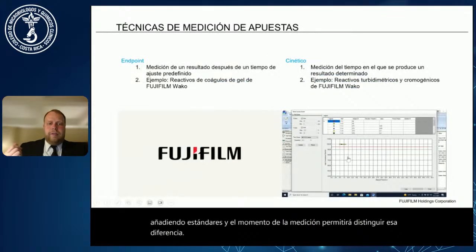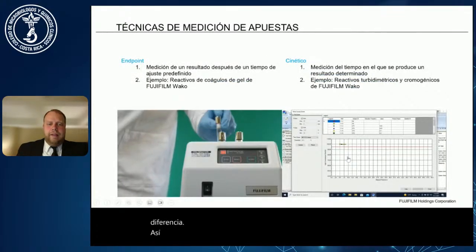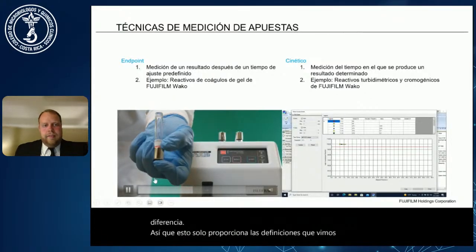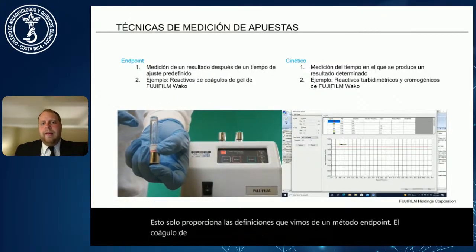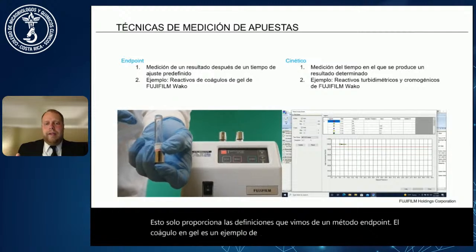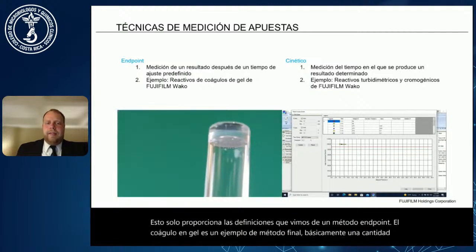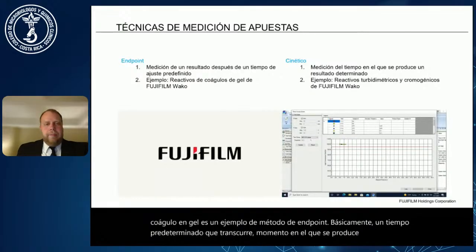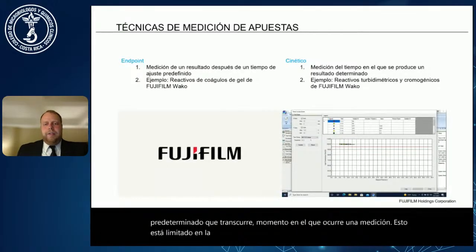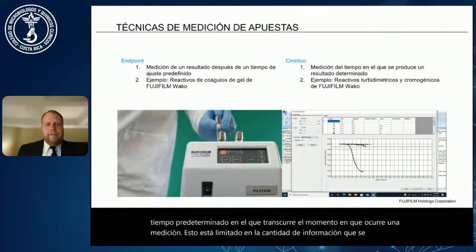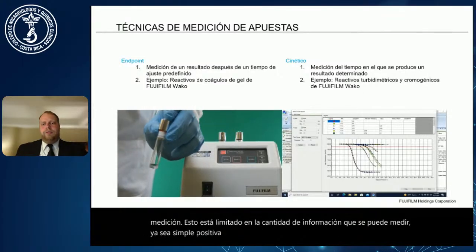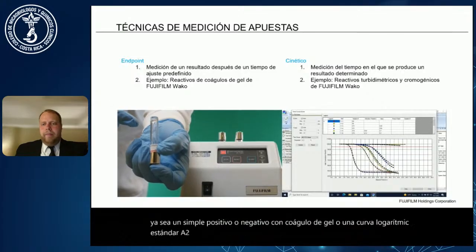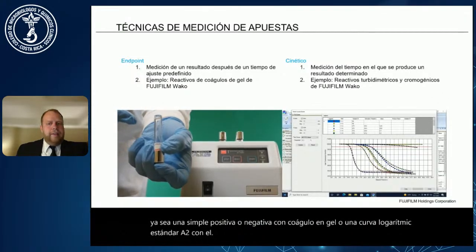So this just provides the definitions that we saw of an endpoint method. Gel clot is an example of an endpoint method, basically a predetermined amount of time elapses at which point a measurement occurs. This is limited in the amount of information that can be measured, whether a simple positive or negative with gel clot, or a 2 log standard curve with the endpoint quantitative methods.